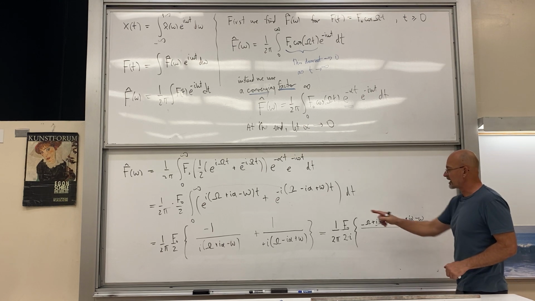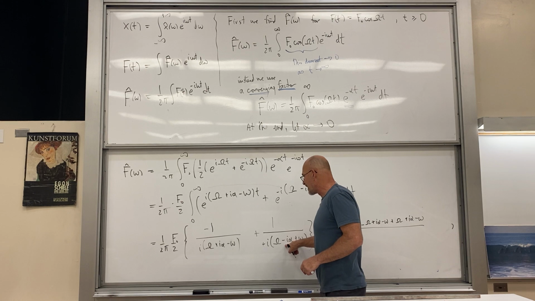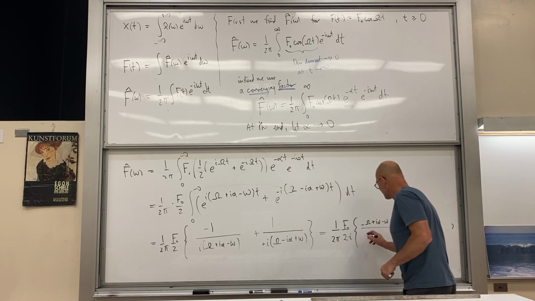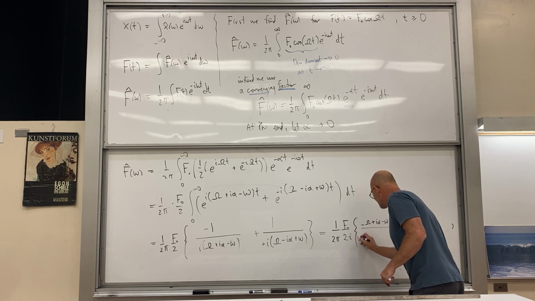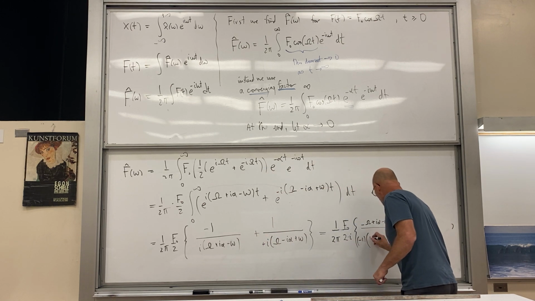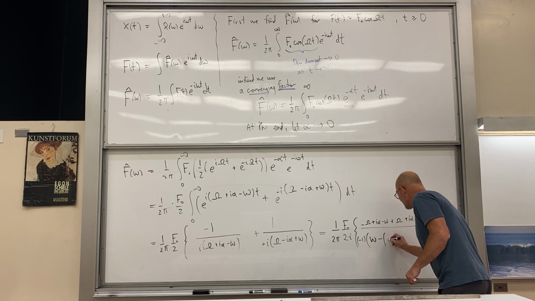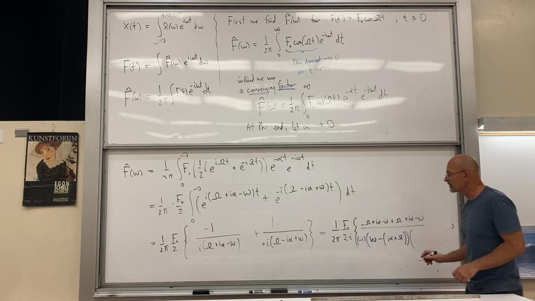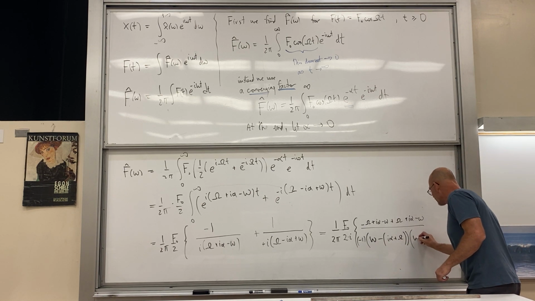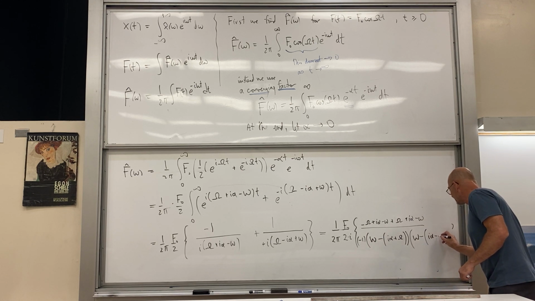Numerator and denominator, we're just going to multiply these together. But what we're going to do is write omega minus something each time. So here we'll pull out a minus sign, and from this we'll have omega minus i alpha plus omega, times, over here, omega minus i alpha minus omega.